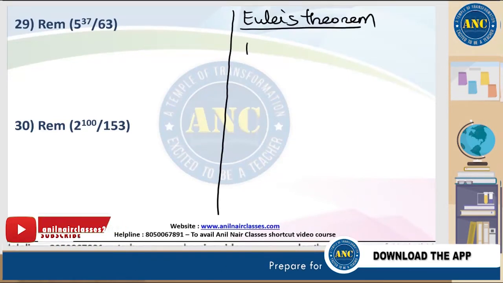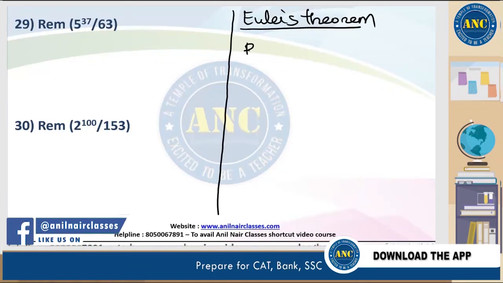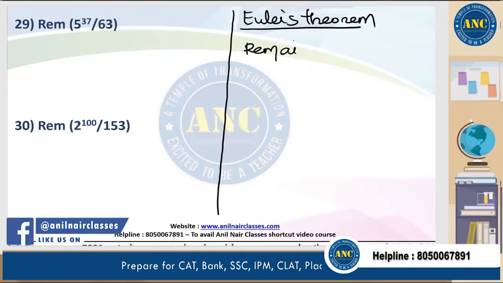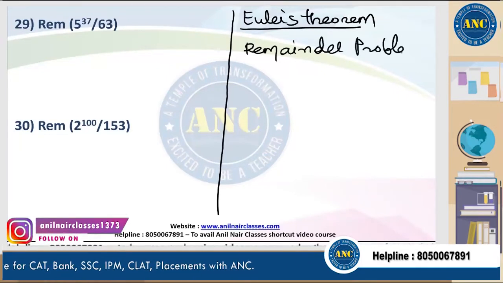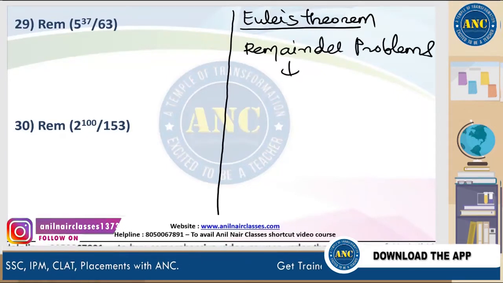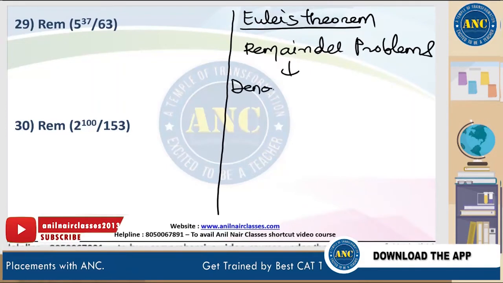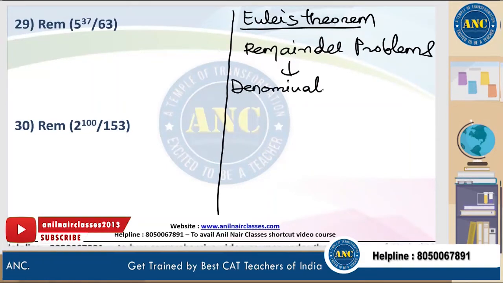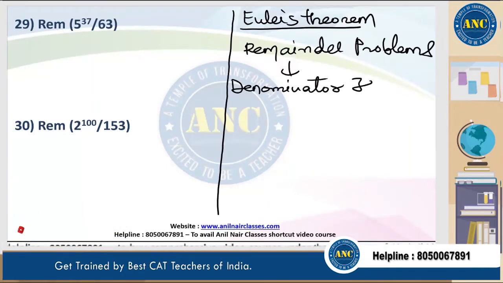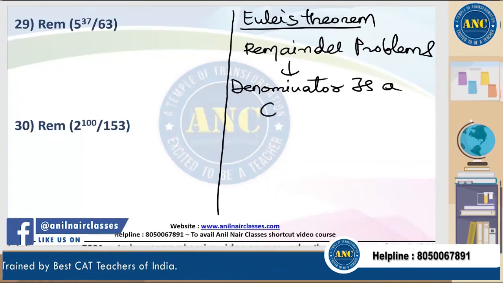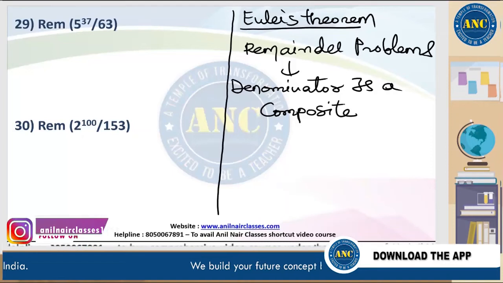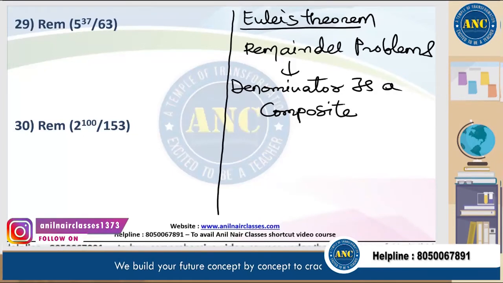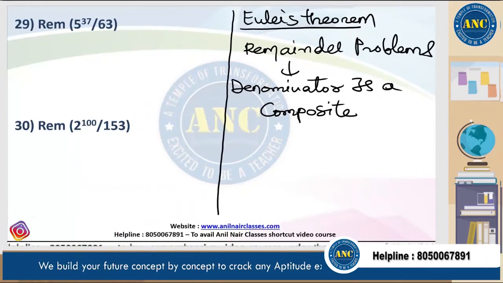Euler's theorem is used to find remainder problems when the denominator is a composite number. When the denominator is a composite number, Euler's theorem is used to find the remainder problems.